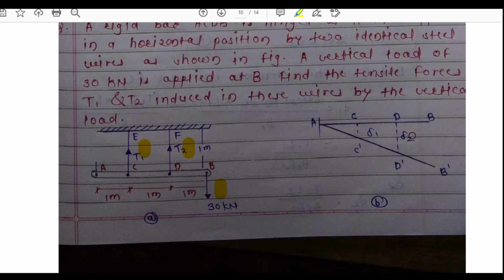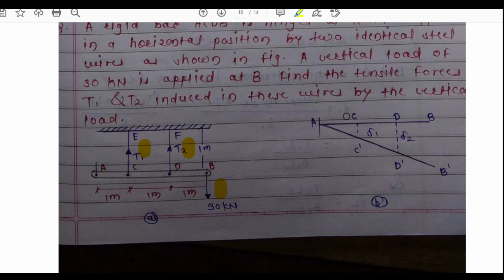Delta 1 divided by delta 2 equals AC divided by AD equals 1 divided by 2. This is the formula for similar triangles, we can consider these triangles. Delta 1 divided by delta 2 equals AC divided by AD.